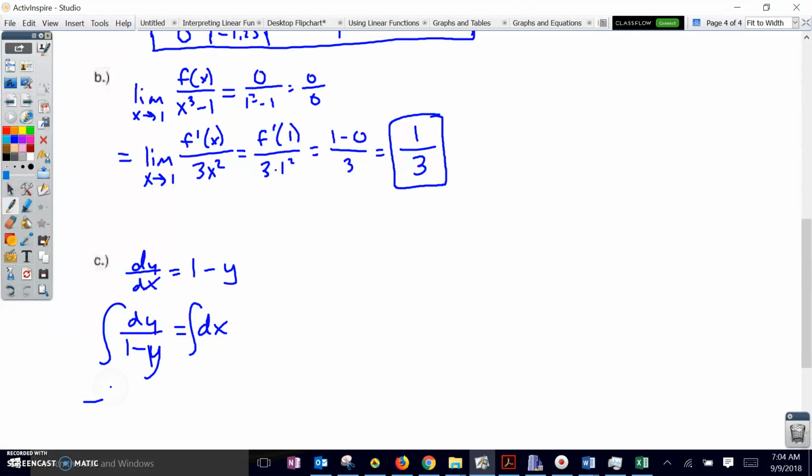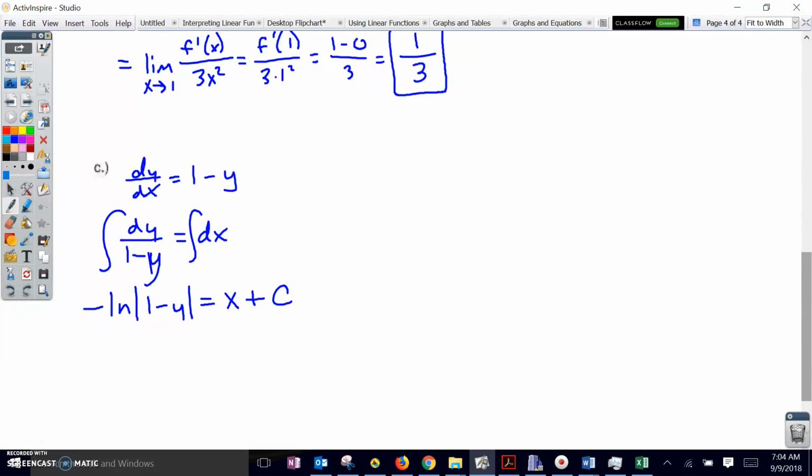The integral of this is the opposite of the natural log of 1 minus y. And the integral of the right-hand side is x plus c. Now I want to solve this for y and use the initial condition. So I'm going to multiply both sides by negative 1.